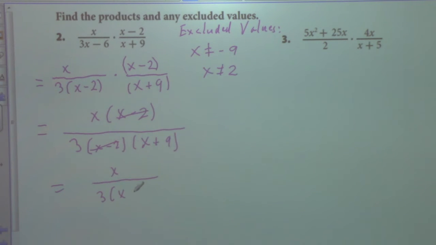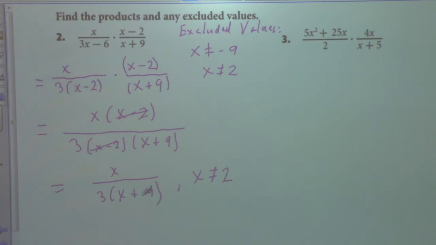Now, we know these are excluded values, but a lot of times teachers will just say x cannot equal 2, and they won't even put this down here. Why do some people feel that you don't need to put this?